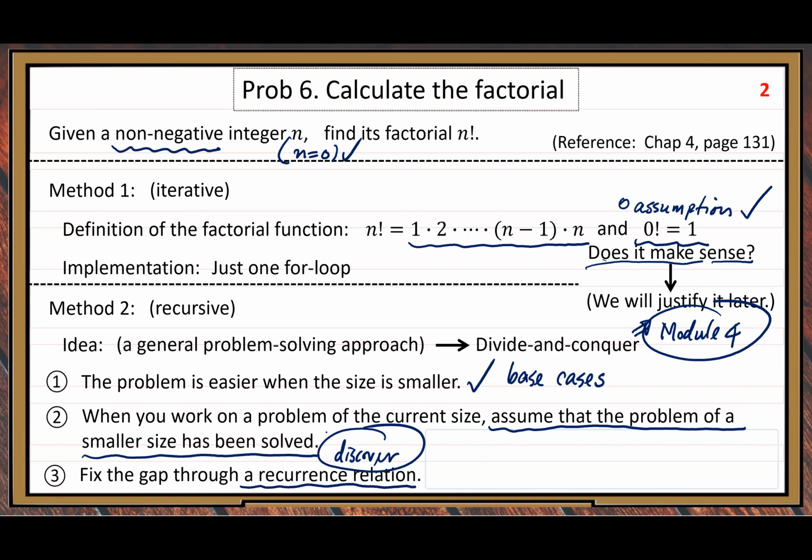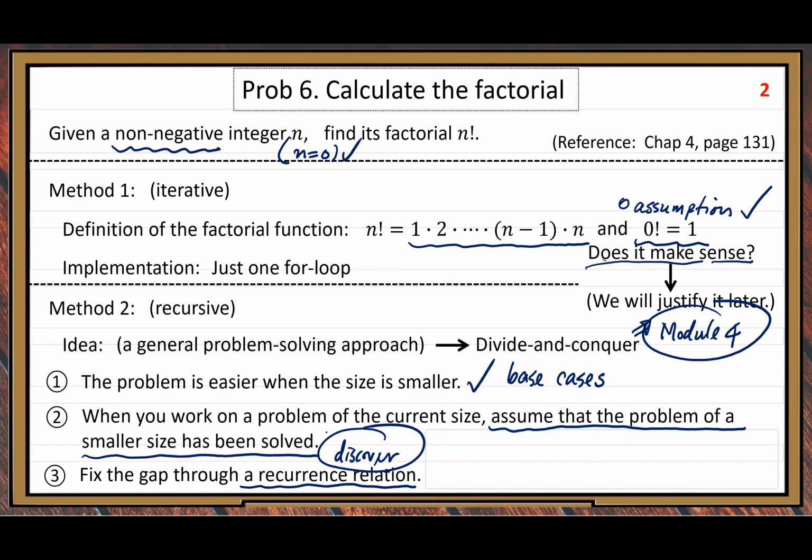That's the basic idea for the recursive method algorithm. So this is general for all recursion type solutions.